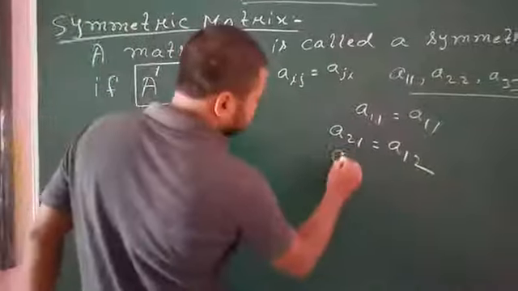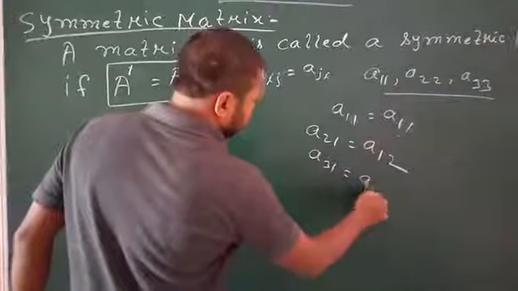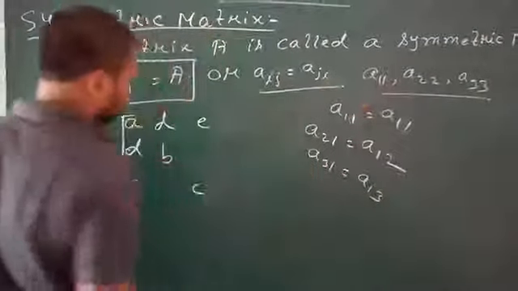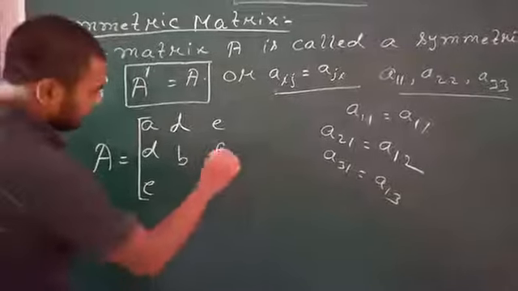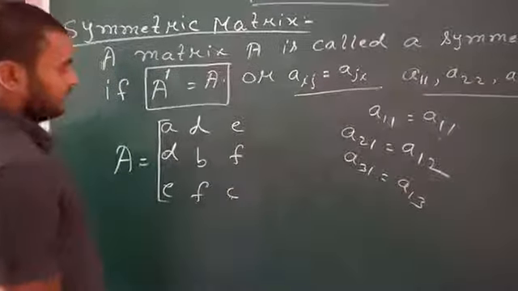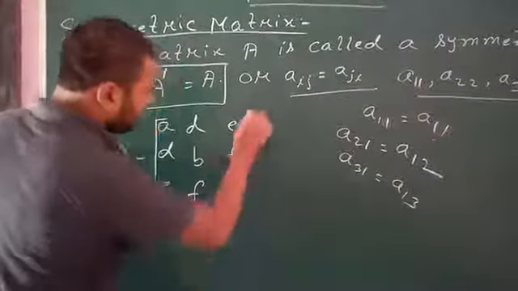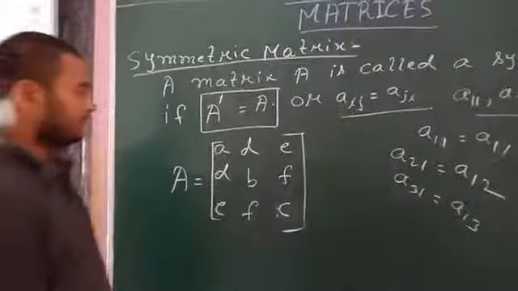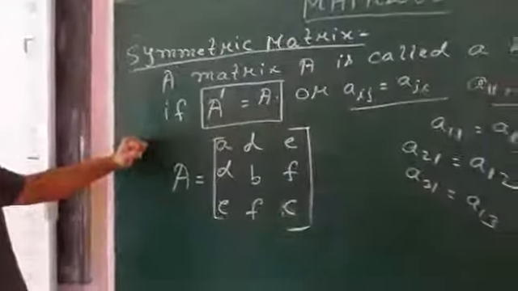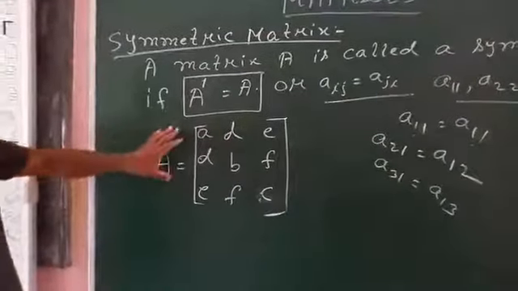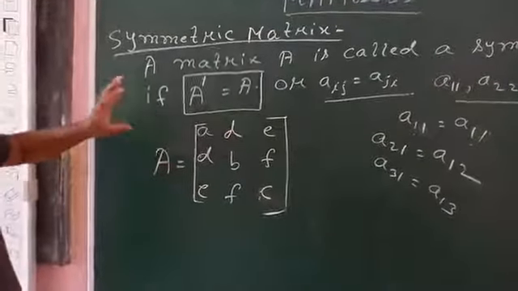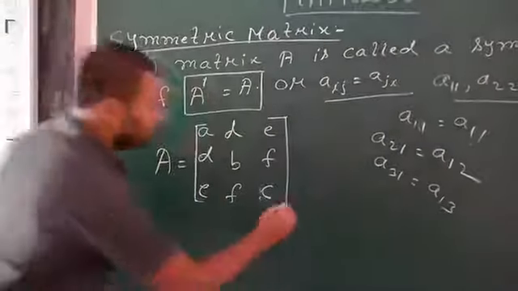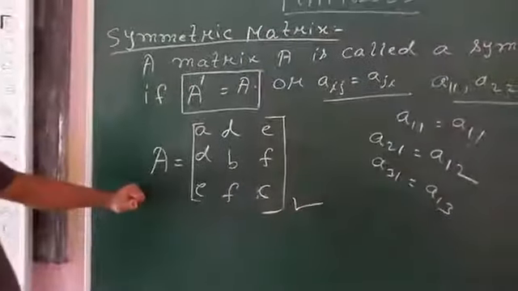That means A31 should be equal to A13 according to this condition, and this element and this element should be equal. So remember the form of a square matrix of order 3. This is the form of the symmetric matrix of order 3.